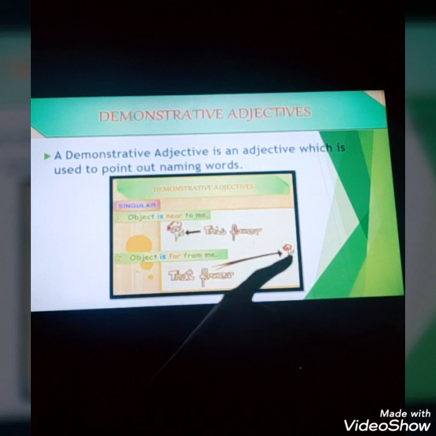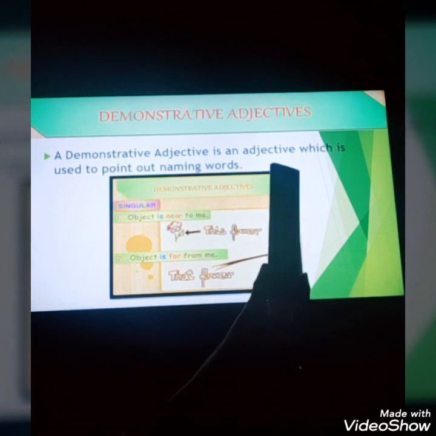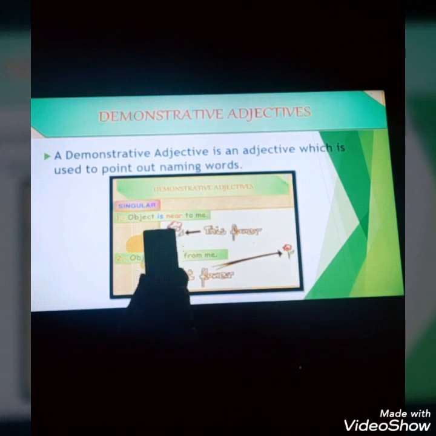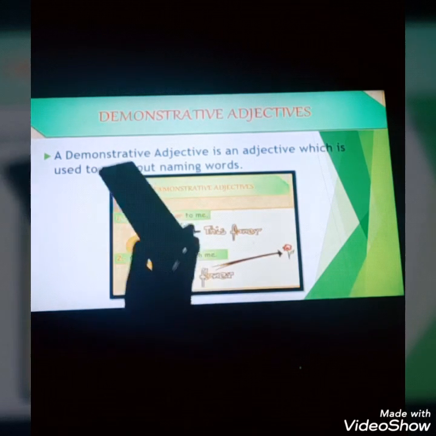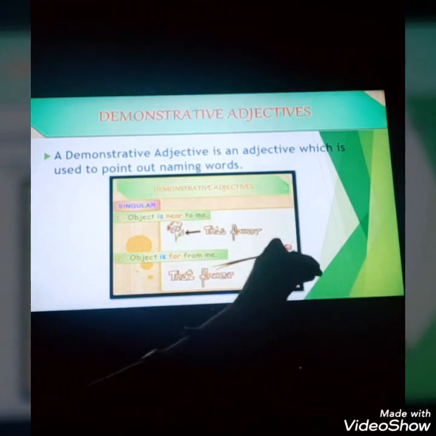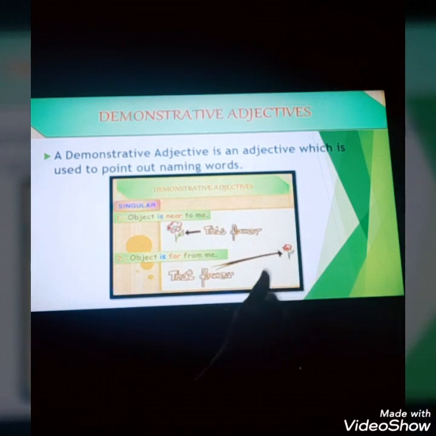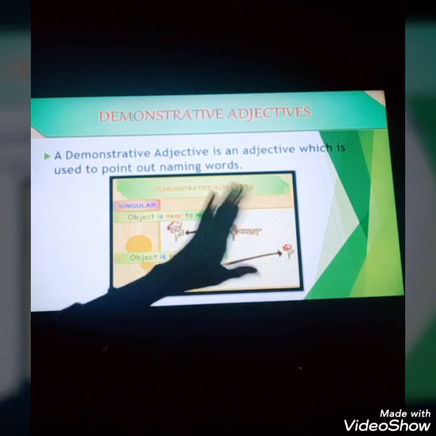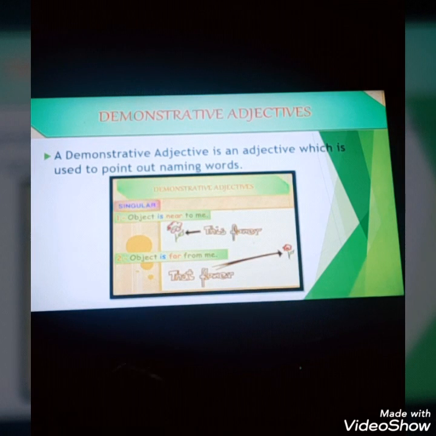When we point at something, this is a remote. It is near to me. That's why I am using this. If it is far away from me, lying at some far distance, I will say that is a remote. So this is used for near places, and that is used for far away places.